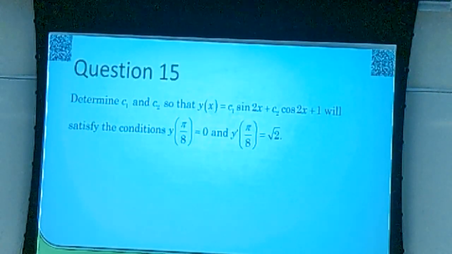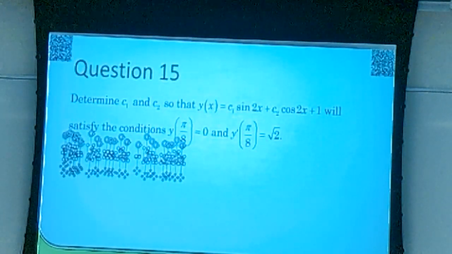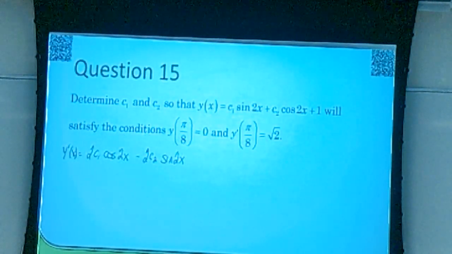Well, y prime of x. What's y prime? 2c1 cosine 2x minus 2c2 sine 2x. Yeah, same as what we've been working with. Because the derivative of 1 just goes away.